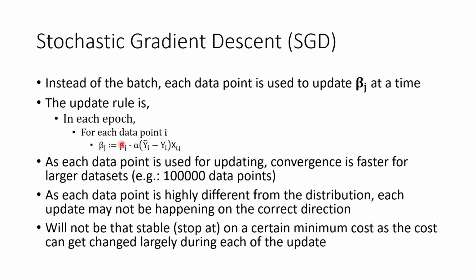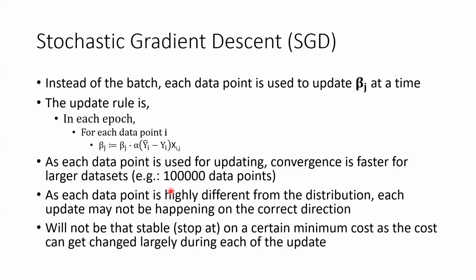But when you consider one, two, three, or several iterations, there's a chance that it would move away from the distribution and from the optimum point as well, right? So this is not as stable or smooth as batch gradient descent in terms of the optimization path, right? We will see a graph in a future slide.